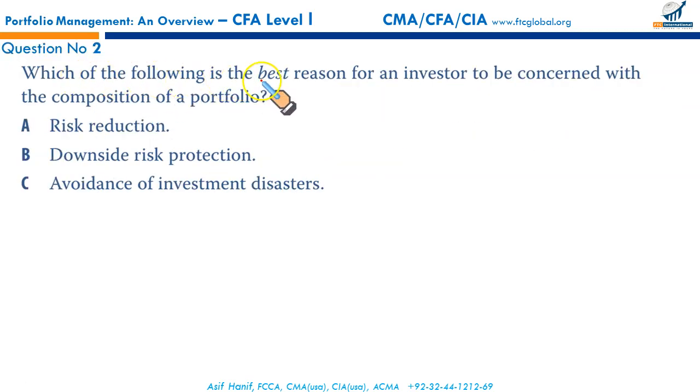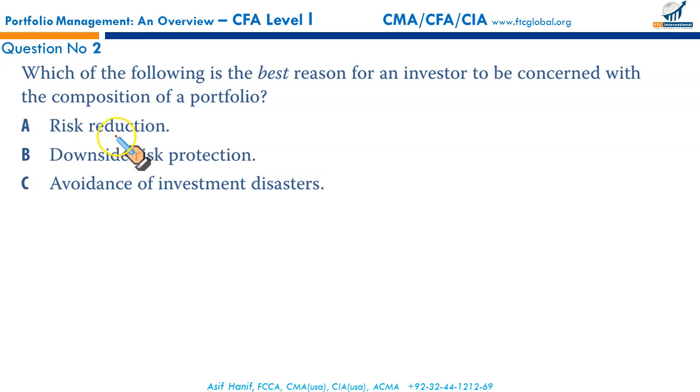Which of the following is the best reason for an investor to be concerned with the composition of a portfolio? Risk reduction, downside risk protection, avoidance of investment disaster. First of all, as I just said, when we combine different assets into a portfolio, this should reduce the portfolio's volatility, right?